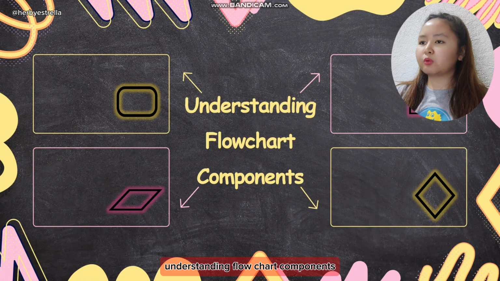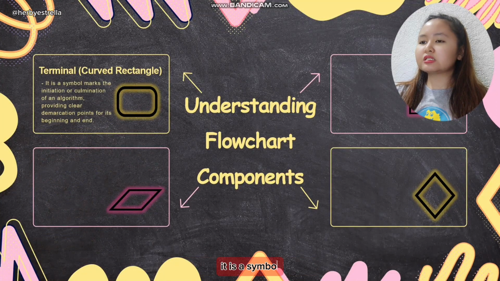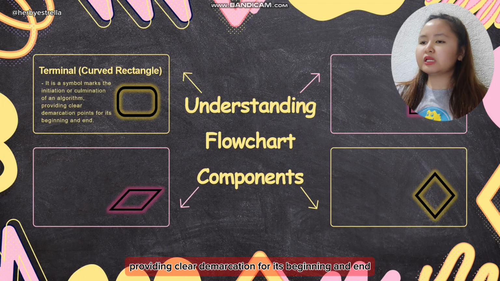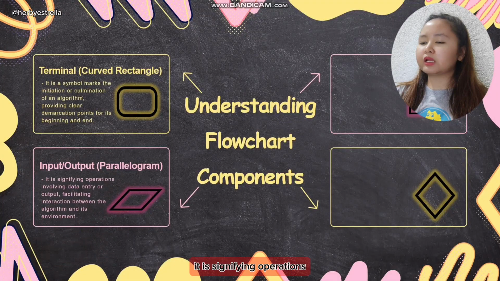Understanding flowchart components. Terminal or curved rectangle. This symbol marks the initiation or culmination of an algorithm, providing clear demarcation for its beginning and end. Input or output, or parallelogram. It signifies operations involving data entry or output, facilitating interaction between the algorithm and its environment.